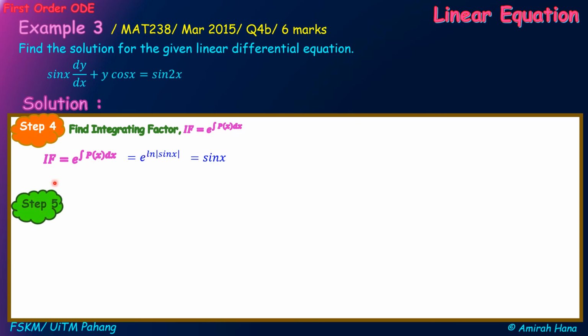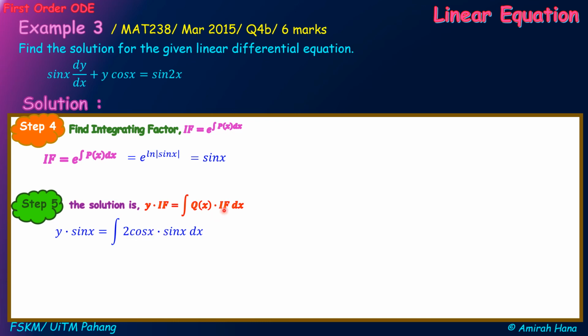Okay. After that, we continue with step 5. The solution is y times IF equals to integration of qx times IF dx. Right from here, we have y times, we replace IF equals to sin x, equals to integration of qx. Qx from the previous slide equals to 2 cos x.